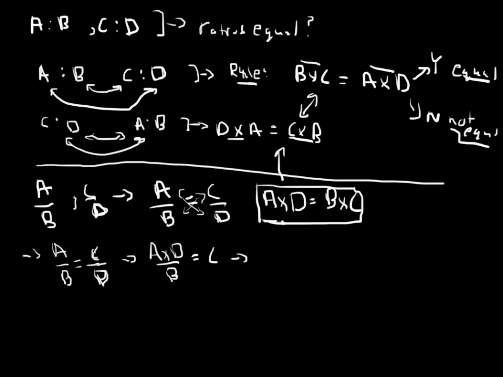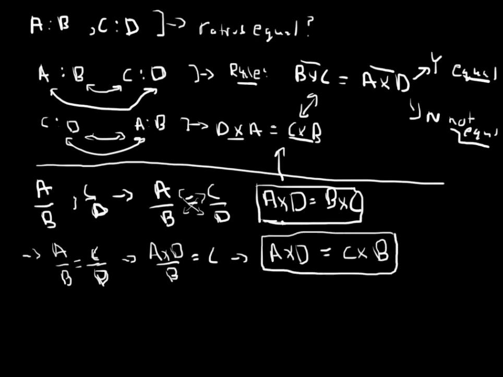Now let me multiply both sides by B. Whatever you do to one side, you have to do to the other. So A times D, and then this would be B over B, so they would cancel, and then the other side. That's the fraction way of doing it. If you want the quick way, just cross multiply. So that is how you see whether two ratios are in fact equal.